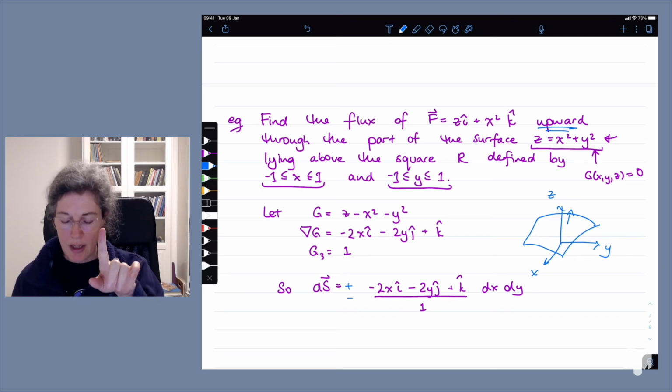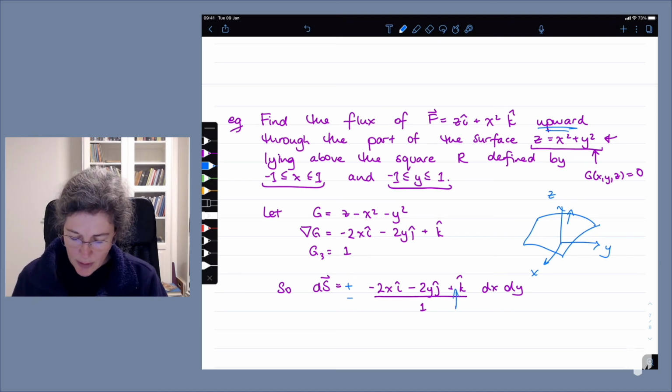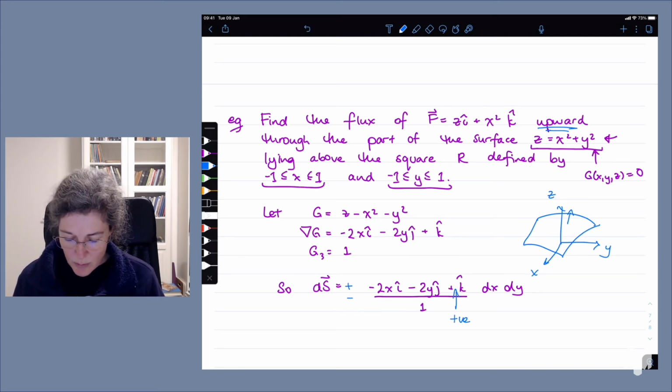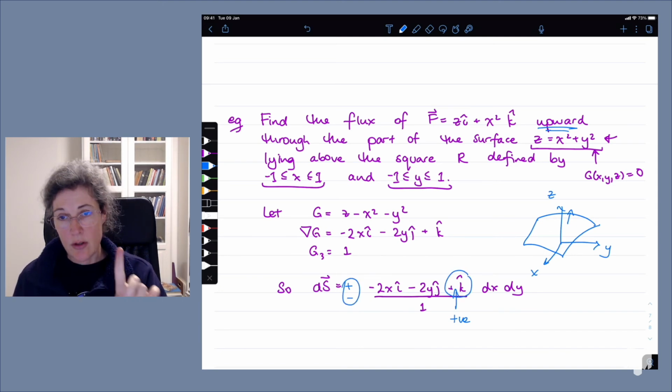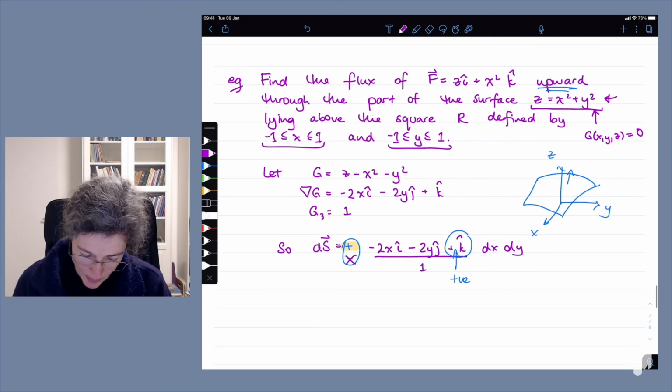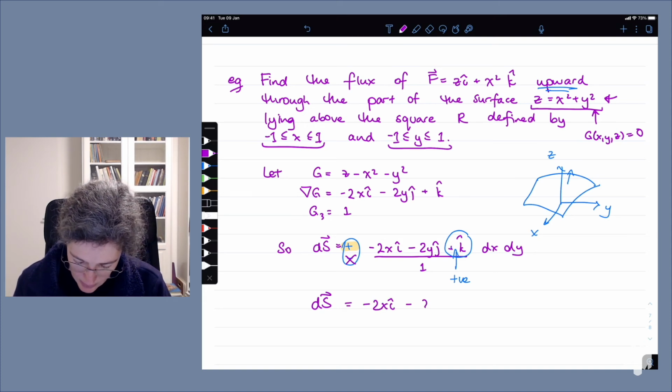So if you're going to be pointing upwards, you always need to have a positive component to your z component. So what we want to take here is whichever sign ensures that our z component is positive. And so that tells us that we should pick the positive version. So we're not going to take that. Okay, so our dS is minus 2x i minus 2y j plus k hat.